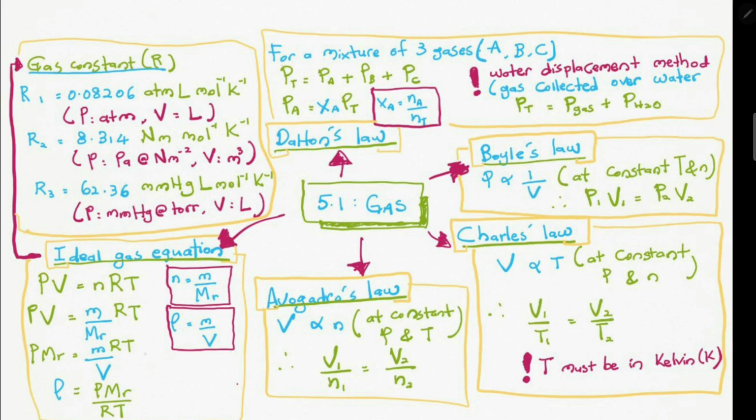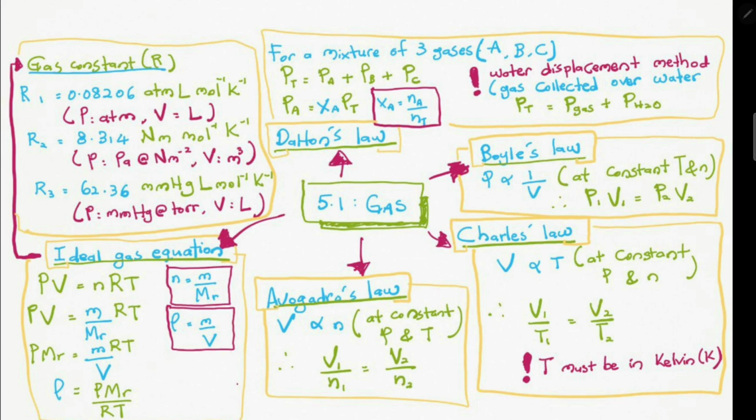Since m over V is actually density, we substitute m over V equals density, so we get density rho equals PM over RT.